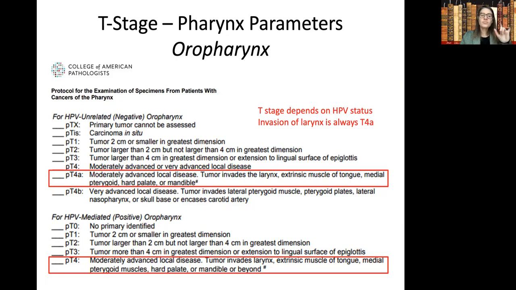However, once you have invaded the larynx in either, you are always T4A. So in this case, you don't need to know whether the patient is HPV positive or not, as long as you know it's a base of tongue oropharynx primary. Once it's in the larynx, it's essentially T4A. Other than that, as you can see, it's based on size as well as invasion of other more advanced structures.